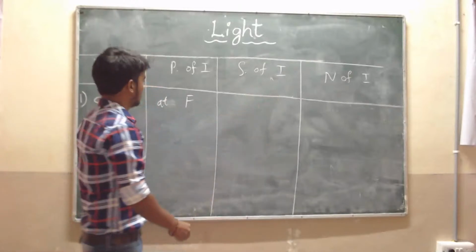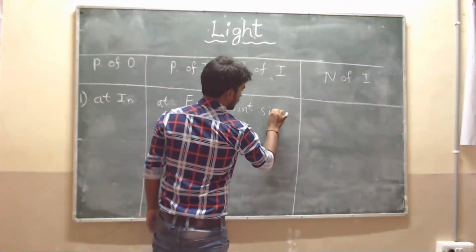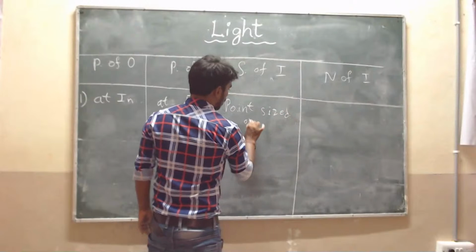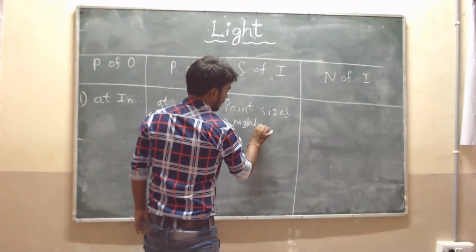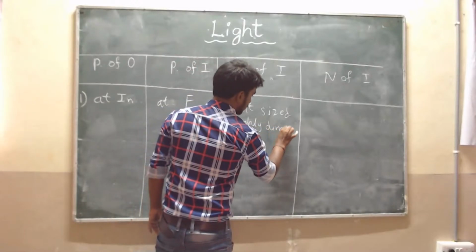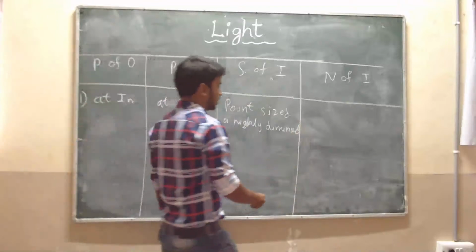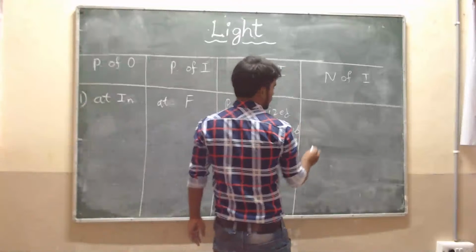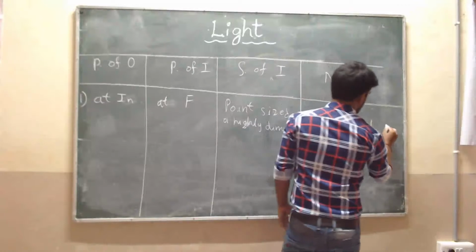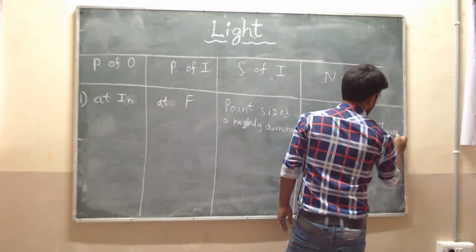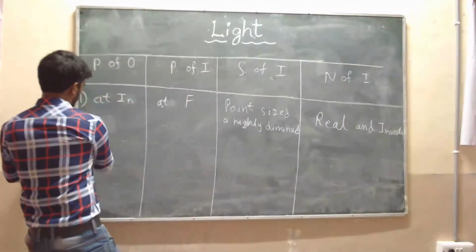Size of the image is point sized or highly diminished. What about nature of the image? That is real and inverted. Real and inverted.